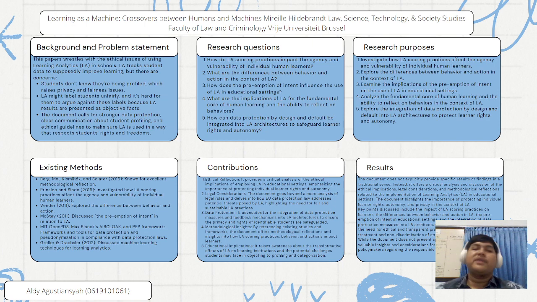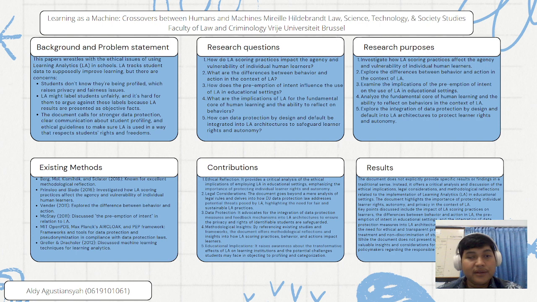Background and problem statement. This paper wrestled with the ethical issue of using learning analytics (LA) in schools. LA tracks student data to supposedly improve learning, but there are concerns. Students don't know they are being profiled, which raises privacy and fairness issues.